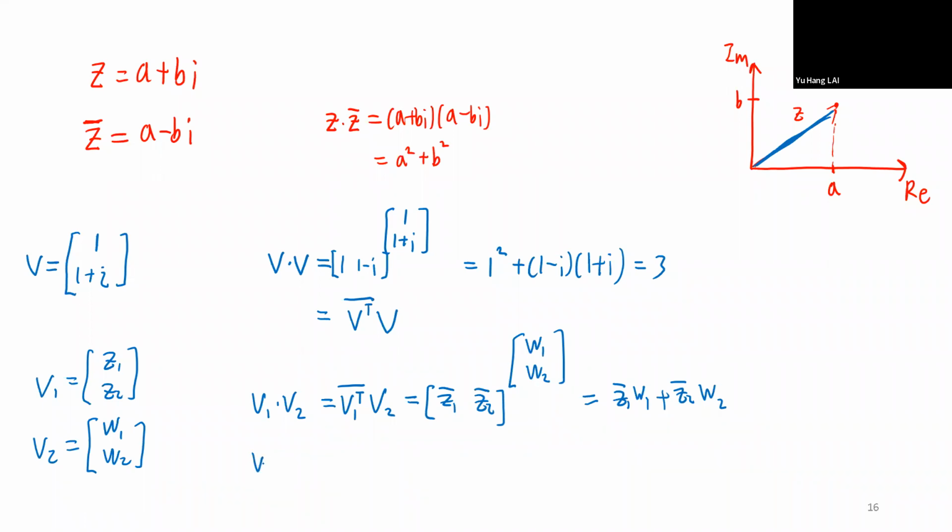The one up front is the one that needs to be conjugate transposed, so this time I have V2 conjugate transpose V1.